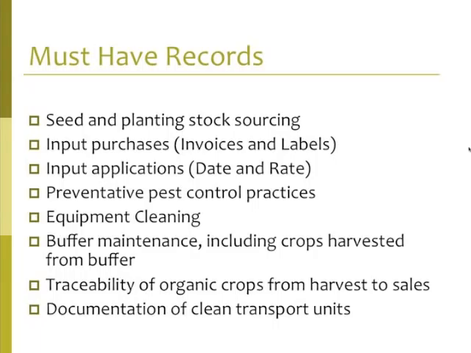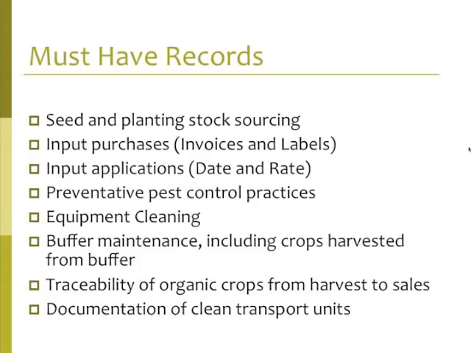You'll also need to have records that show traceability of organic crops from harvest to sales. The inspector is going to want to track that so they can verify that all the organic crops that are sold were actually produced on your operation. And then you'll want to also have records showing the cleaning of transport units.